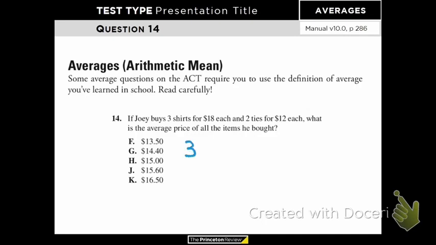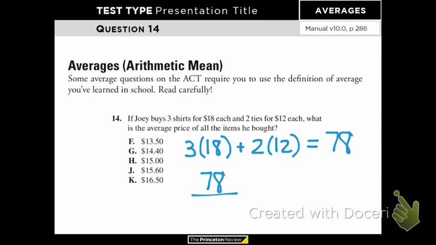He had 3 shirts times $18 each, plus the 2 ties times $12 each, which gives us $78. Then we take that total of $78 and divide by the number of items, which is 5, and that gives us $15.60. So that is the average, or the mean. So the answer is J there.